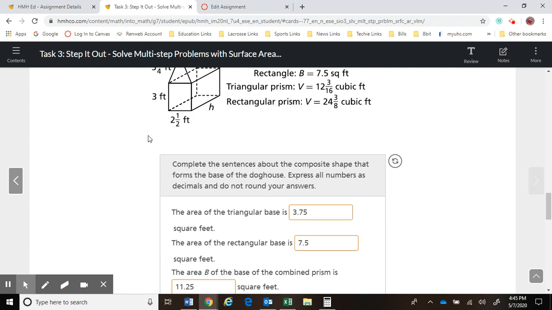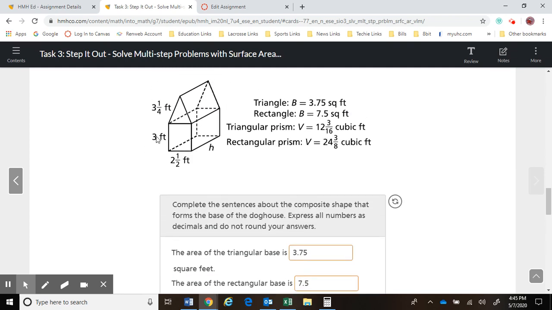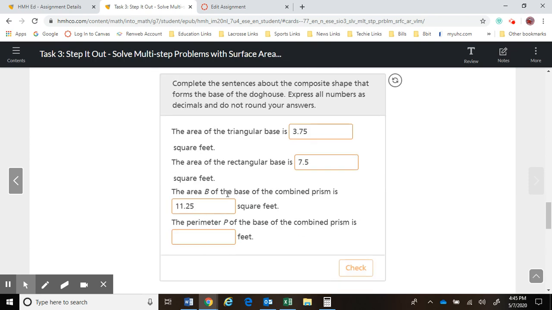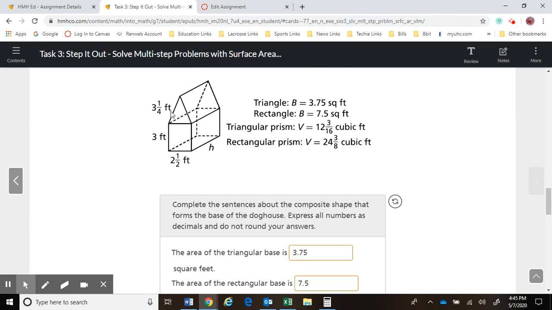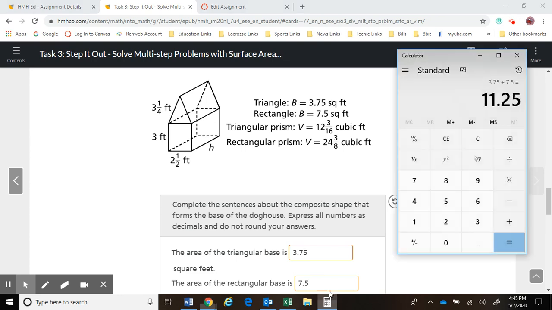Now we got to find the perimeter. And of course, we want to put this in decimal form. So we've got 3 1/4, 3 1/4, 3 and 3, and 2 1/2. So 3 and 1/4 would be 3.25 plus 3.25.